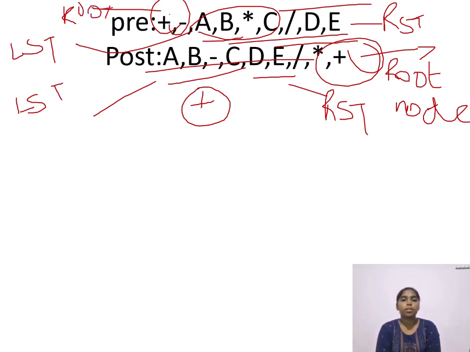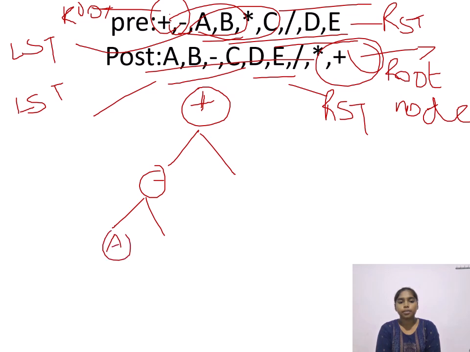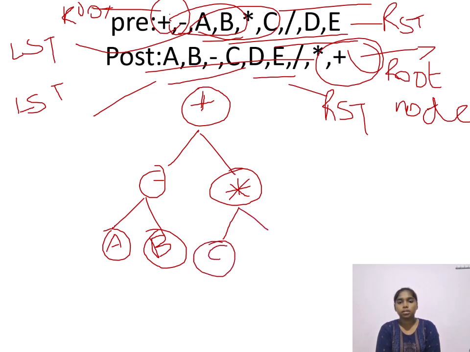And here we call plus the root node and we split into two. As these are the left nodes, here we take minus as the left subtree, and here it splits again, and here it is going to be A and here it is going to be B. And here we take star as the right subtree and its children are C and slash.